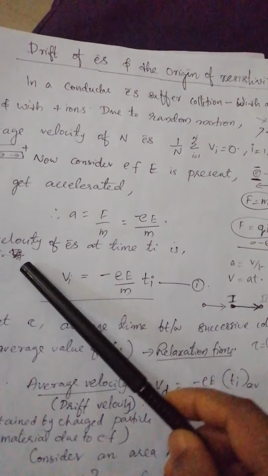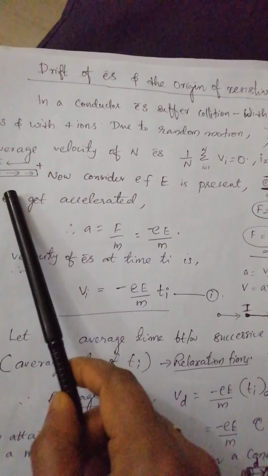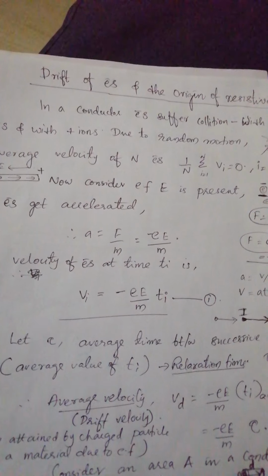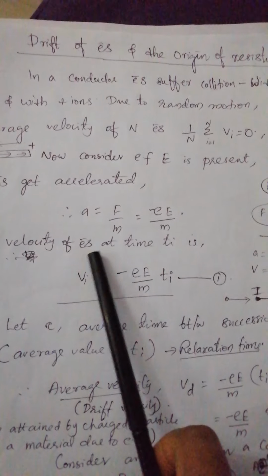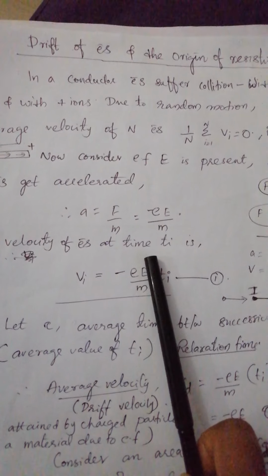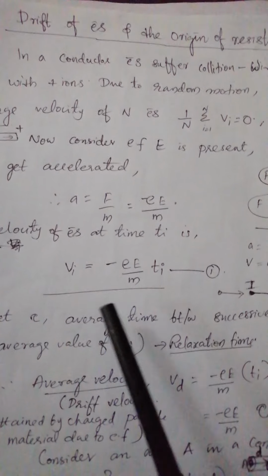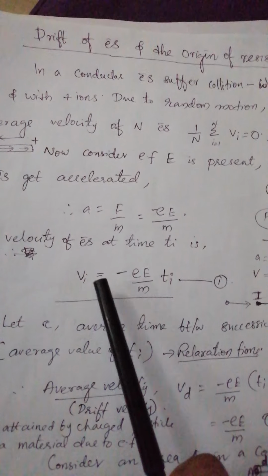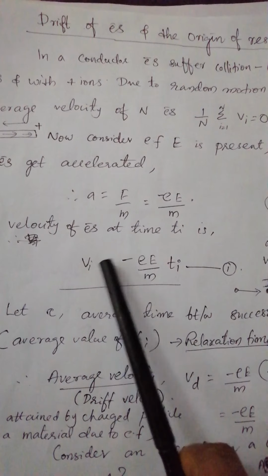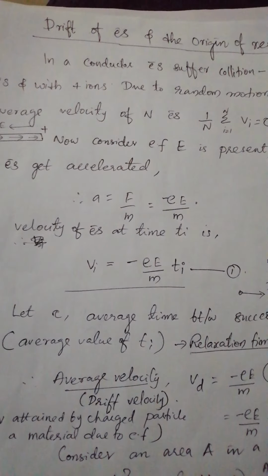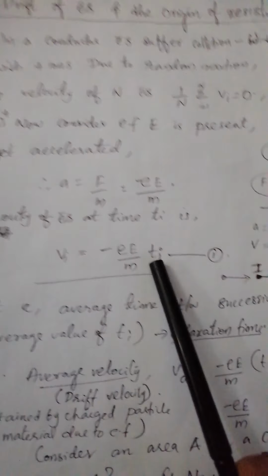Now let us consider an electron moving against this electric field, and consider this electron at a time ti. The velocity of the electron at any time, suppose at ti, we can write Vi, this is the instantaneous value at any time, that is Vi is equal to minus eE by m ti.